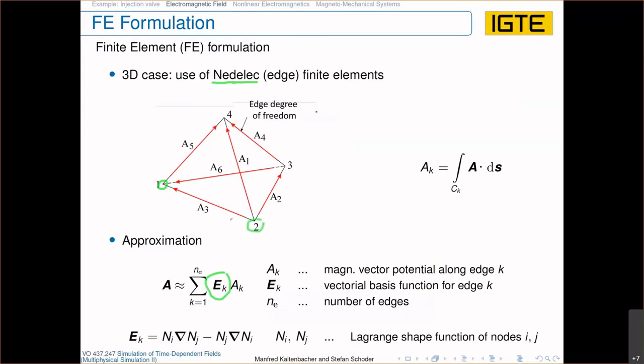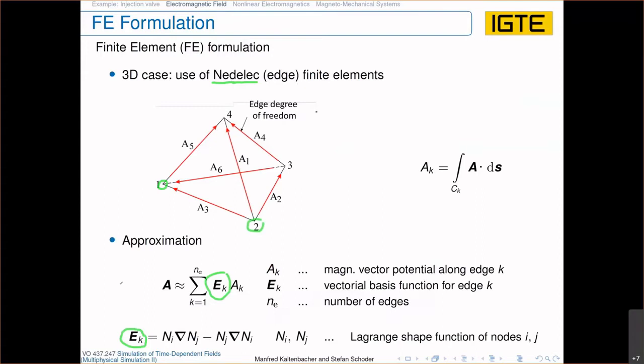And to get the basis function along this edge, you take here N_i, for example, N1 gradient N2 minus N2 gradient N1. i and j are just the labels of the nodes as shown here, 1, 2, 3, and 4. So you can use the standard Lagrangian shape functions, but with these Lagrangian shape functions, you construct now a vectorial basis function which you are using within the so-called Nedelec or edge finite element method.